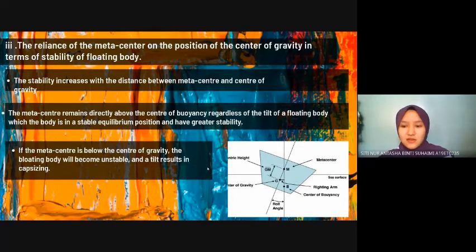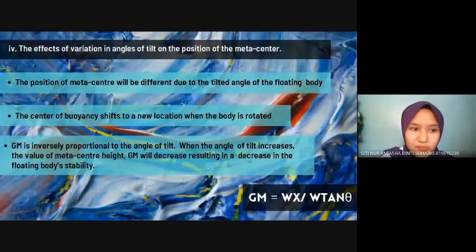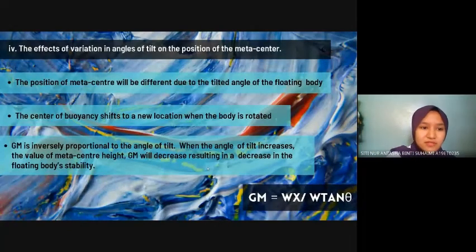The metacenter remains directly above the center of buoyancy regardless of the tilt of a floating body, which keeps the floating body in a stable condition with greater stability. If the metacenter is below the center of gravity, the floating body will become unstable and a tilt results in capsizing.